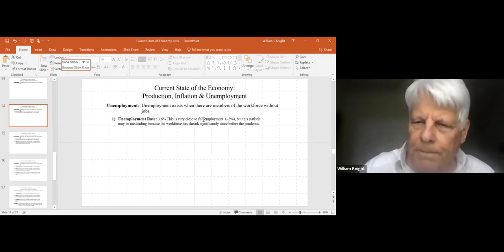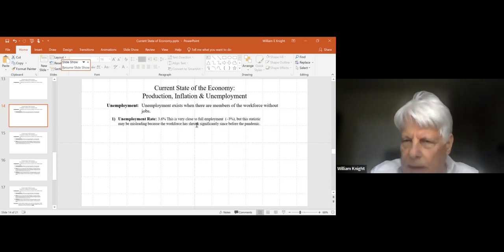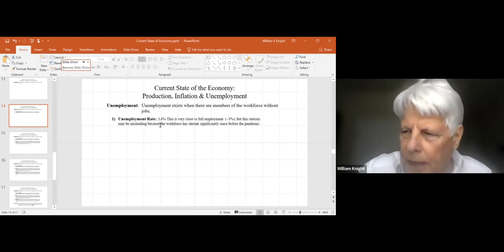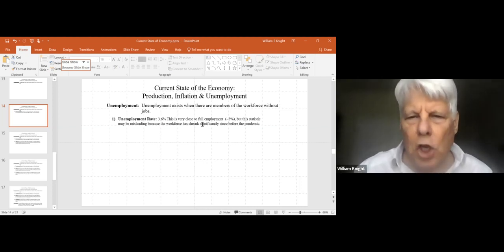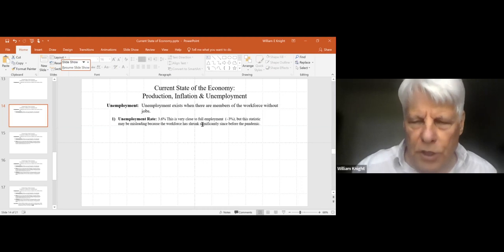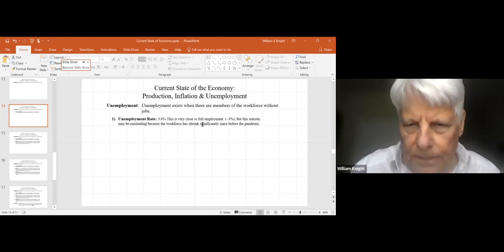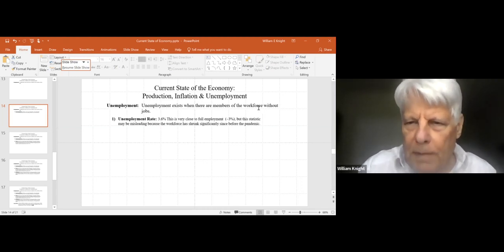Now, that's pretty good, but this statistic may be a little bit misleading because the workforce has shrunk significantly. In other words, there is a very low workforce participation rate. Now, to be unemployed, you have to be a member of the workforce without a job.